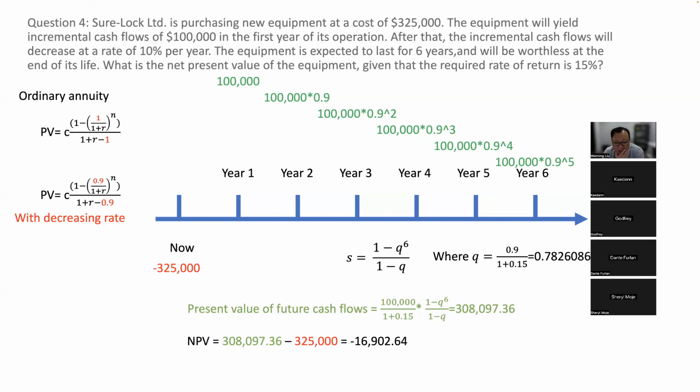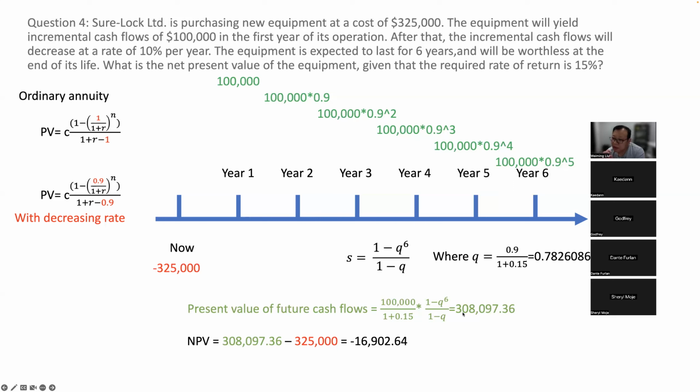If you do the calculation, you would notice that the present value is actually $308,097.36. In this case, we have C equals 100,000, N equals 6, and R equals 0.15. If you bring all those numbers into this formula, you should get $308,097.36.